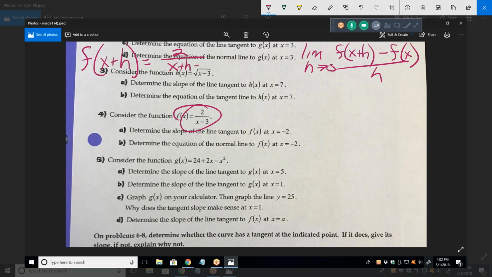Right, so that's this thing. So in our numerator, we have 2 over x plus h minus 3, minus f of x, which is just 2 over x minus 3.